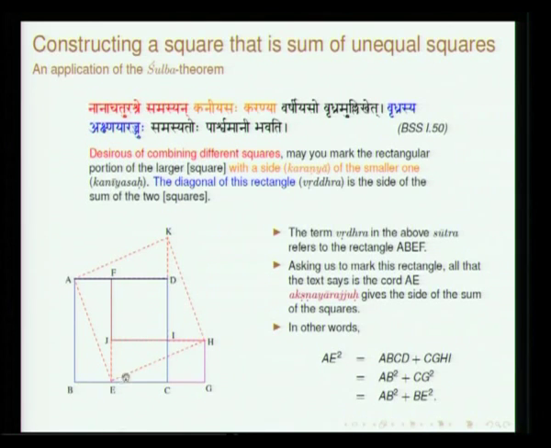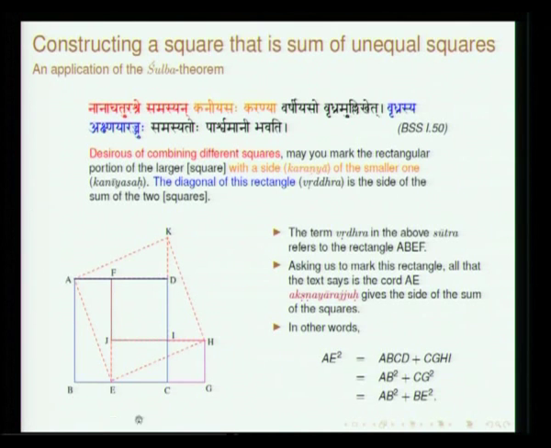You have a square and another smaller square, you just do a certain trick here and you should be able to get the value of the larger square without doing any numerical calculation. All that it says is, you think of this smaller square CG; Karani here refers to the side CG, for instance.